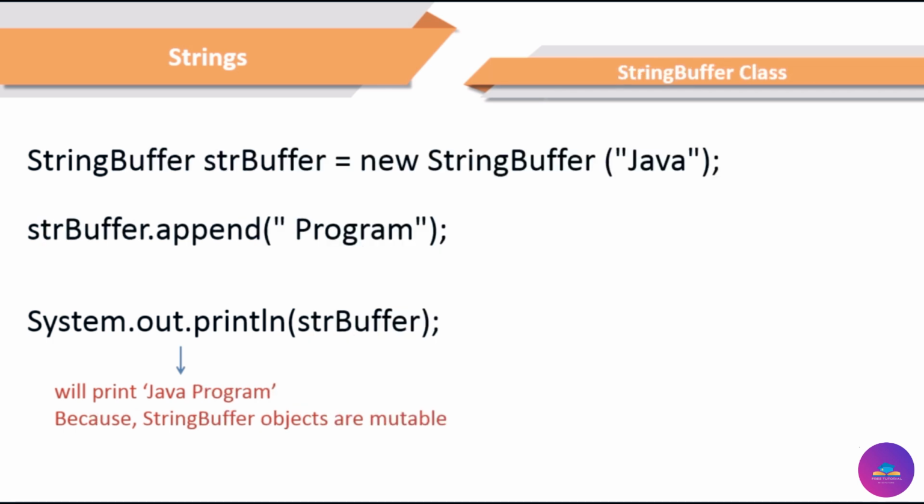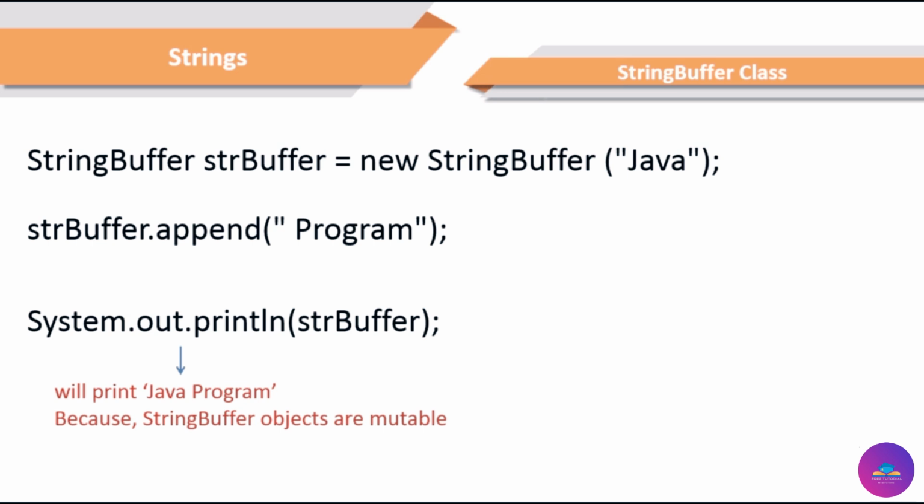StringBuffer class. Java's StringBuffer class is used to create mutable or modifiable strings. So at any point in time, it'll contain some particular sequence of characters, but the length and the content of the sequence can be changed through certain method calls.